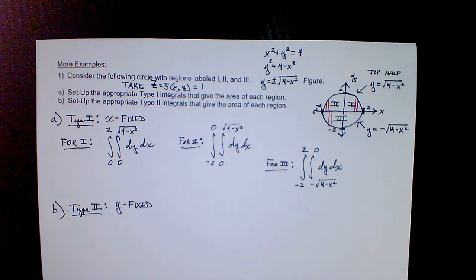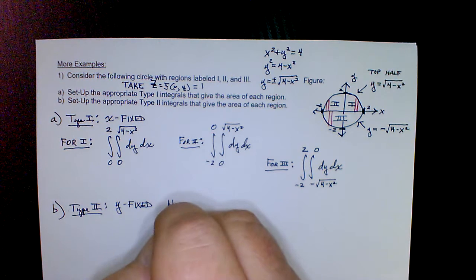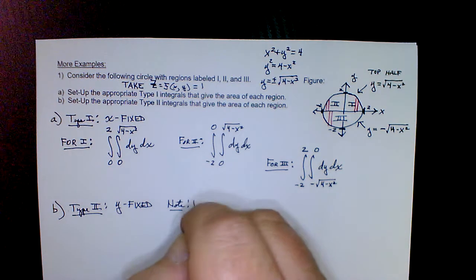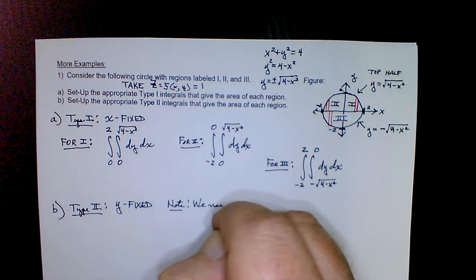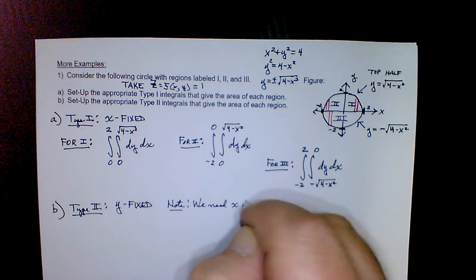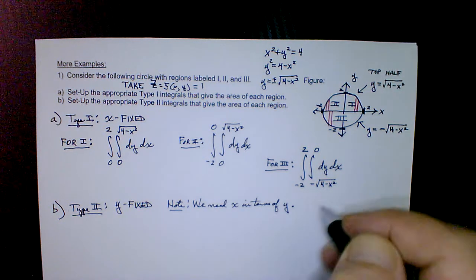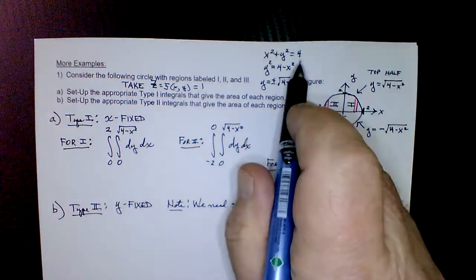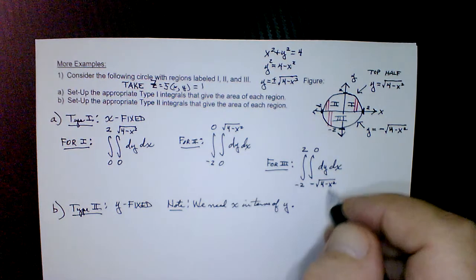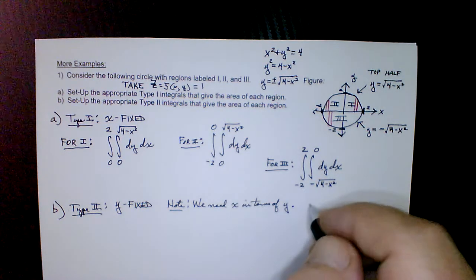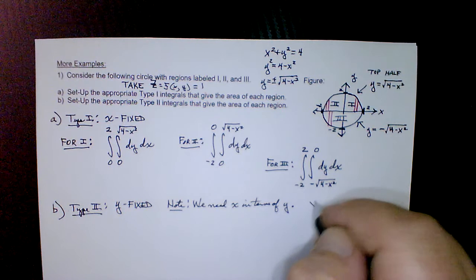okay, let's redraw the region, and also note that we need x in terms of y. So if you start with either the original circle or the modified version, let's start with the original circle.